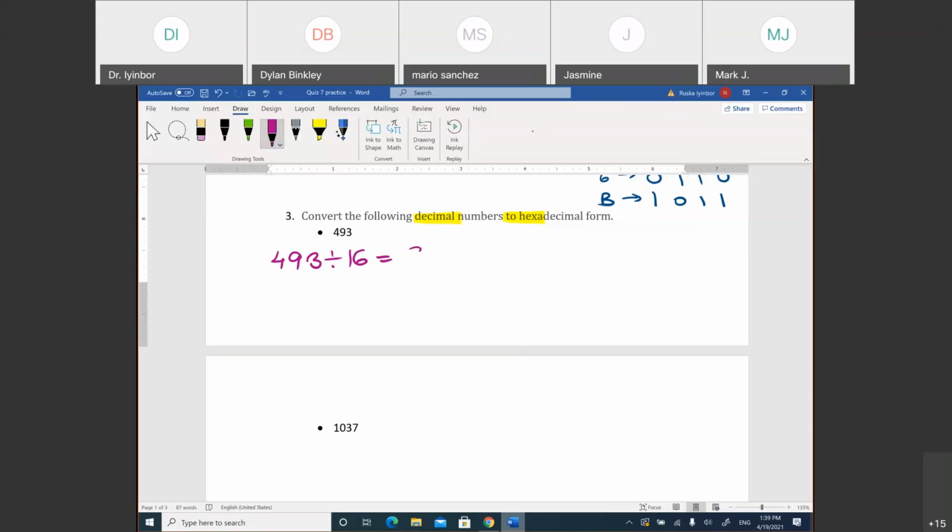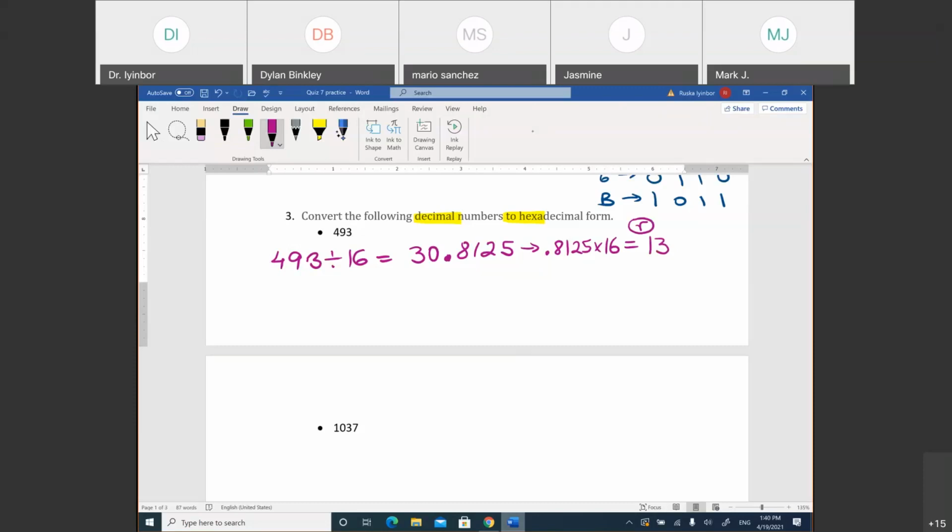That's going to be 30.8125. Now I'm going to take that 0.8125 and multiply it by 16, which is going to give me the remainder, which is 13. So this is my remainder, 13.